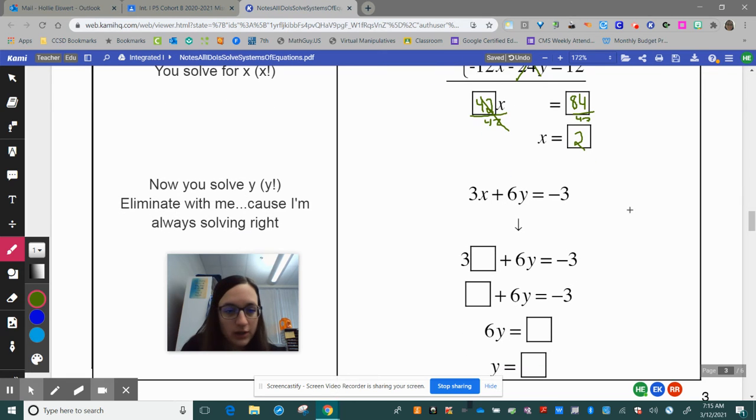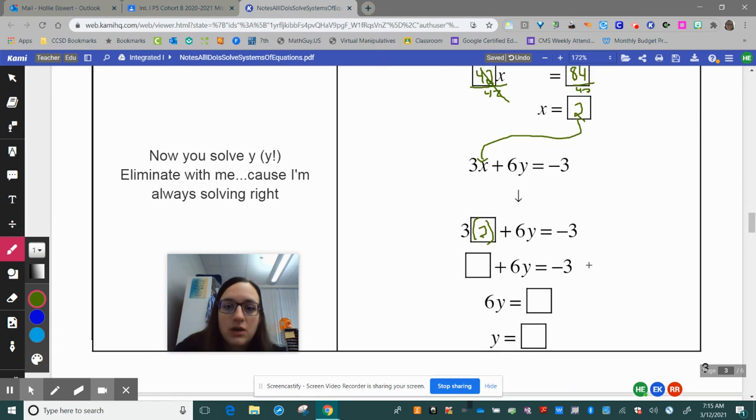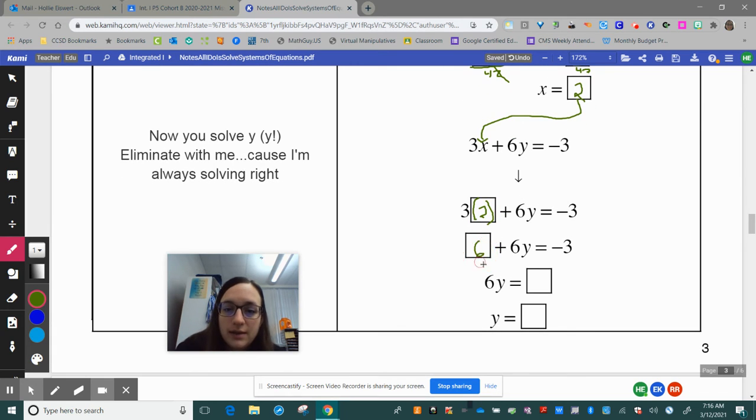Once we have that, just like in our substitution method, we take it back, and now you solve for y. So you take that x that we found, substitute it in here for the x. It looks like I put it into the 3. No, in for x. So we have 3 times 2. And then we just solve. 3 times 2 is 6, right?